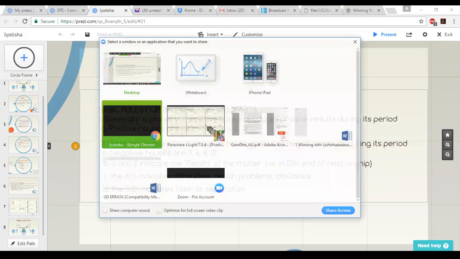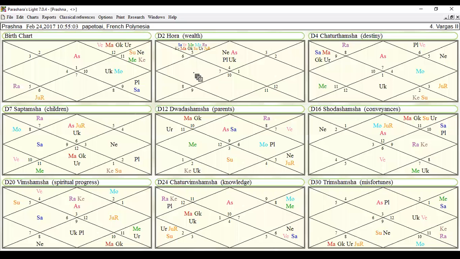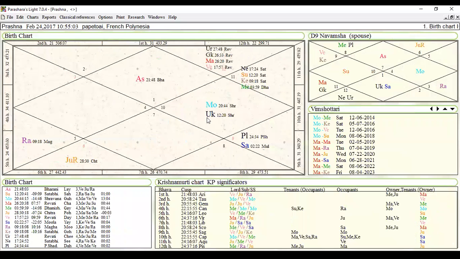So here is, let's go back to the relationship chart, the D9. And we have a planet in the 12th house. Now, there is a special condition when two planets are on either side. In this case, we have Mercury and Jupiter that will modify this.